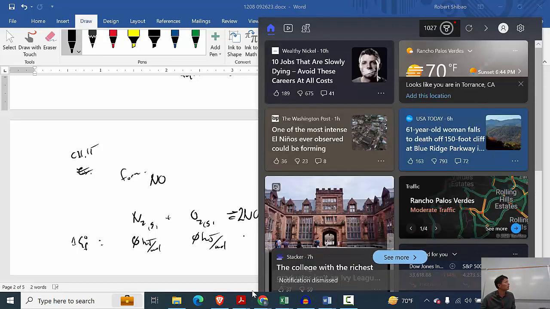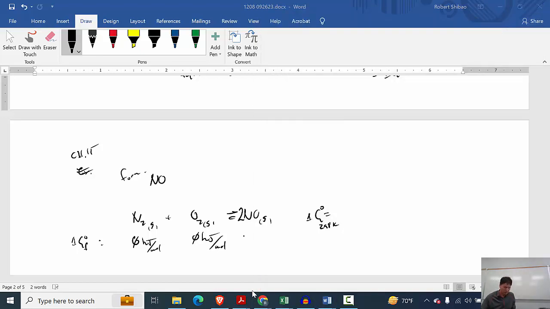Delta G's of formation, delta H's of formation are always per 1 mole. Since we have 2 moles, we'll have to double that. And so 173.1 kilojoules, positive.